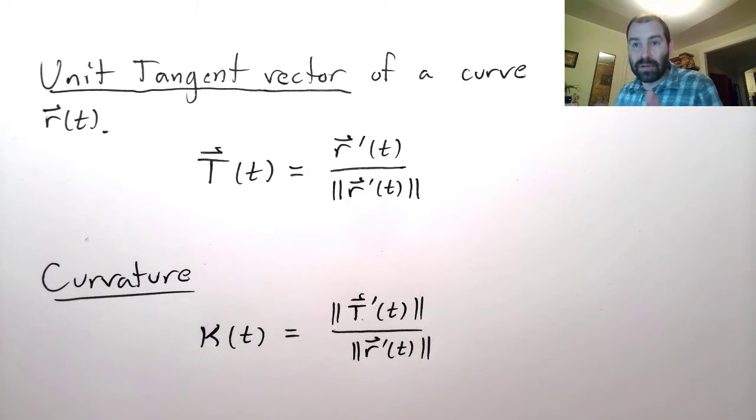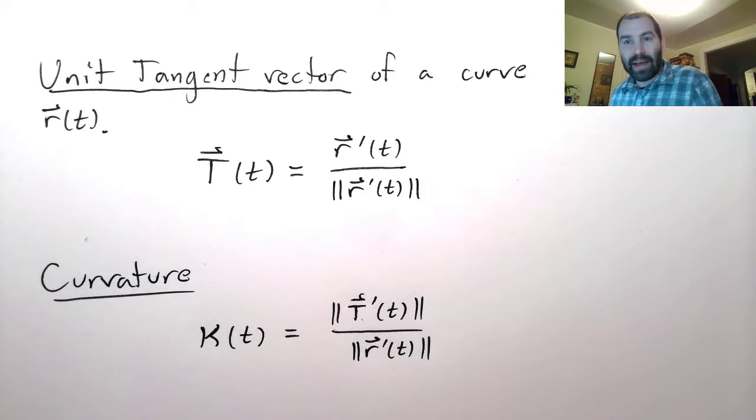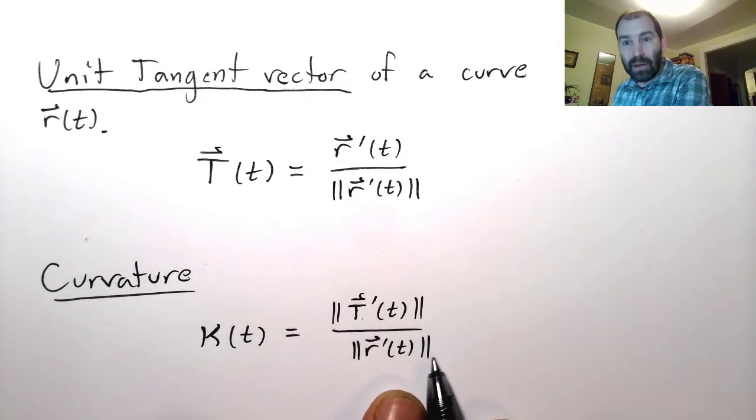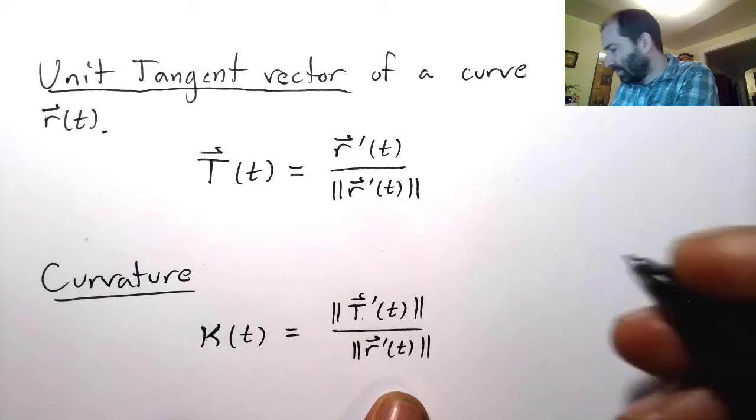Now, we said that the curvature was the reciprocal of the radius of the osculating circle. Why does this give that? Well, that's for another video. I'm not going to explain that here. But I do want to explain another expression for the curvature, which will be useful for us.